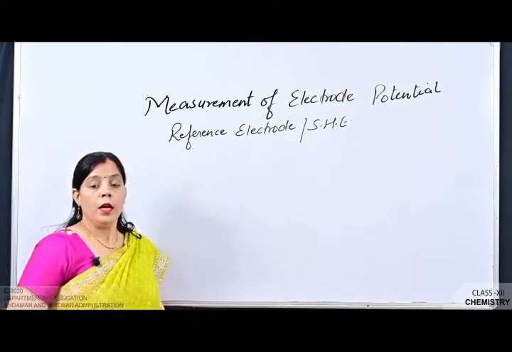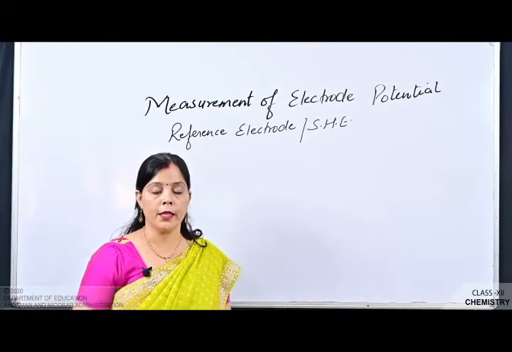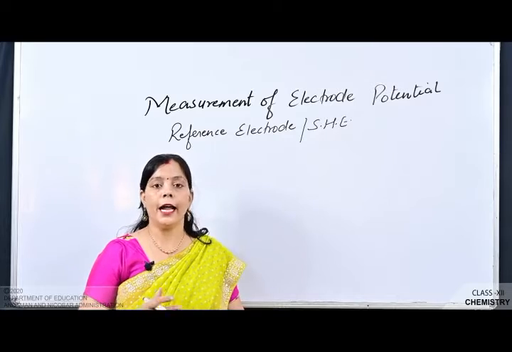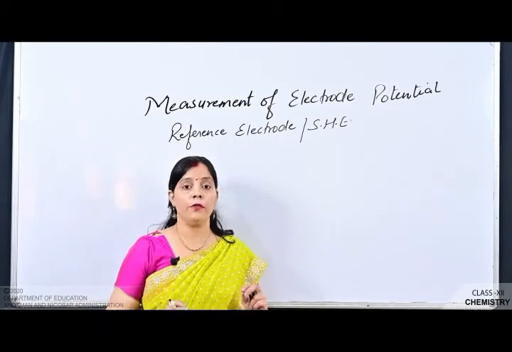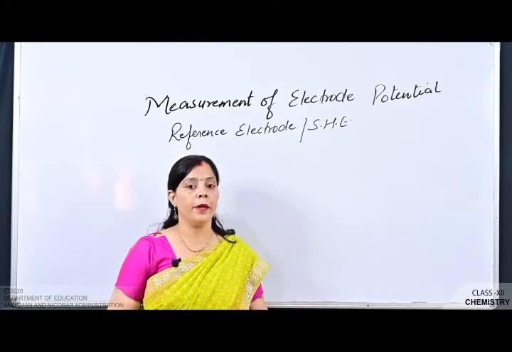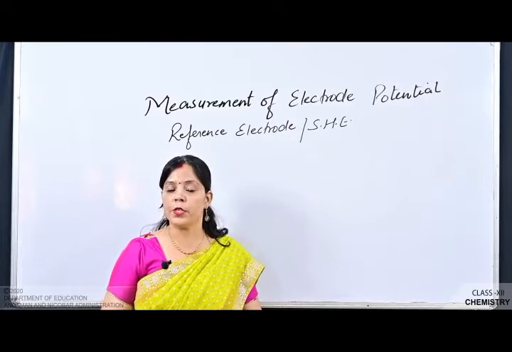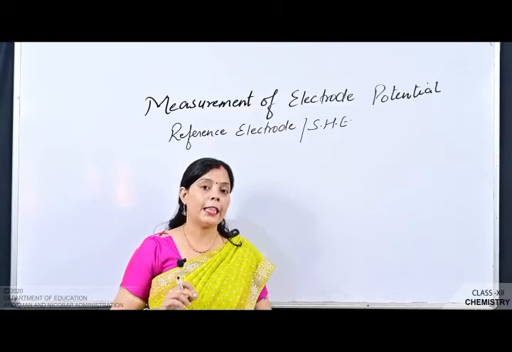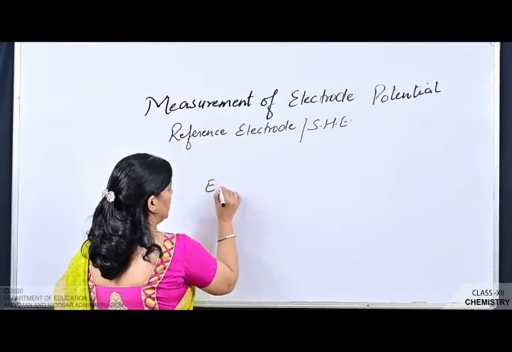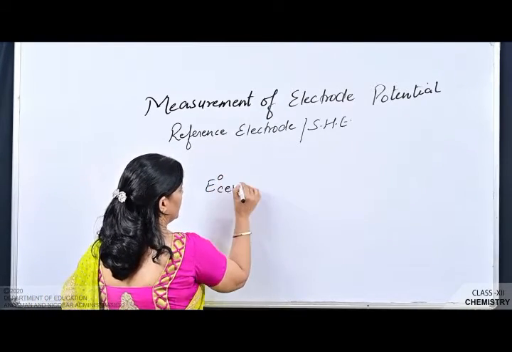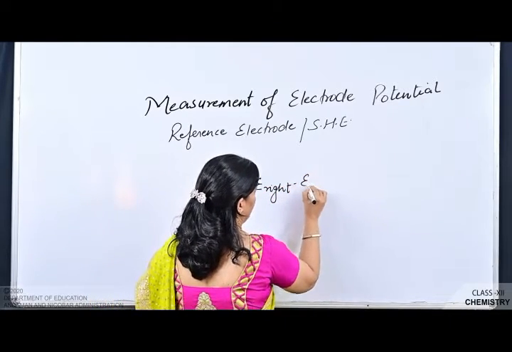Okay, so students, an electrochemical cell consists of two half cells, and the potential of each individual half cell cannot be measured. We can only measure the potential difference between the two half cells, and that potential difference is measured by the formula E cell is equal to E right minus E left.